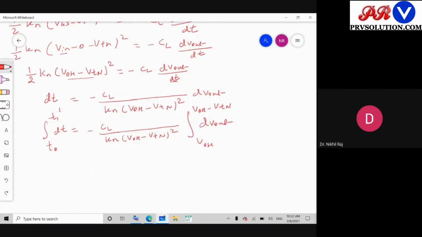Now comes simply the integration. So integration of dt will be t, and substituting the limit we will get T1 dash minus T naught, that is equal to minus CL divided by Kn (VOH minus VTN) whole square. Integration will be your Vout. So Vout, substitute the value, that is VOH minus VTN minus VOH.